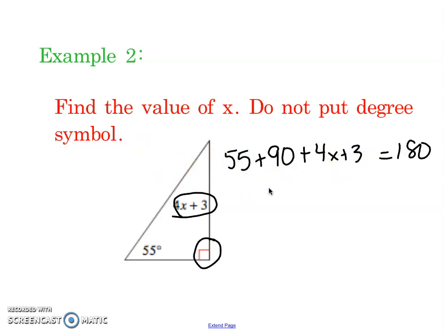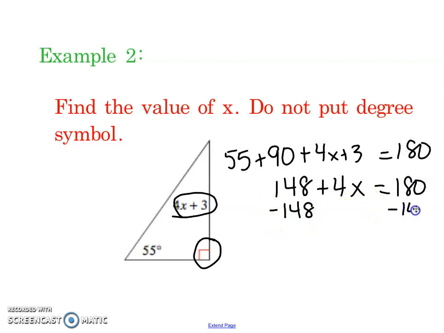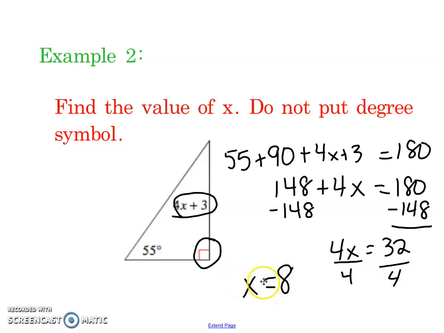We add 55 plus 90 plus 3, and we get 148 plus 4x equals 180. We subtract 148, and we get 4x equals 32. We divide by 4 on both sides, and we get x equals 8. Okay, so just by knowing that the sum of the interior angles equals 180, we could solve for x.